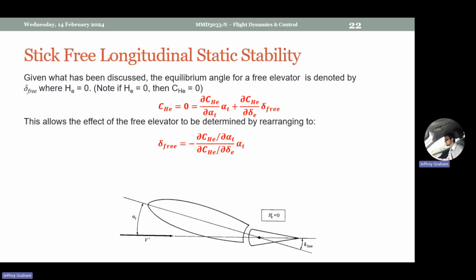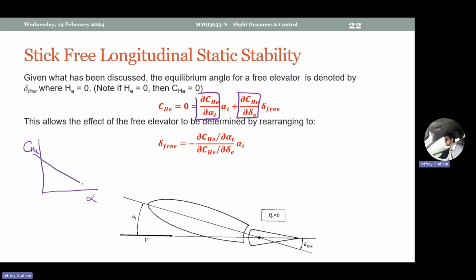Right, these values, whichever way you look at it, the numerator and the denominator are basically gradients of graphs. So you'll be plotting the hinge moment against the angle of attack.